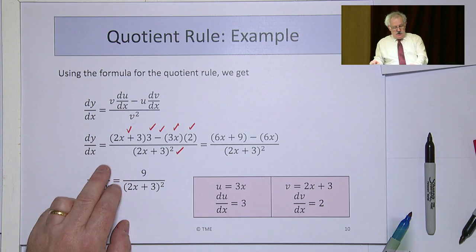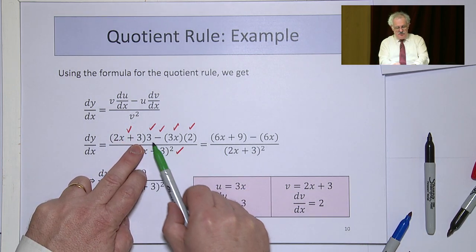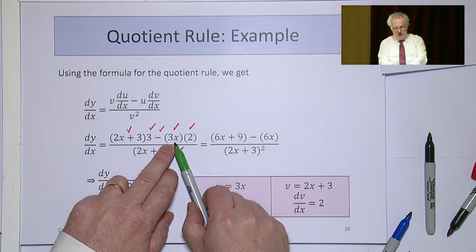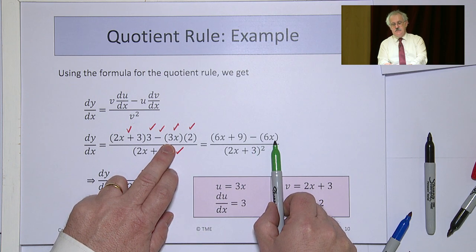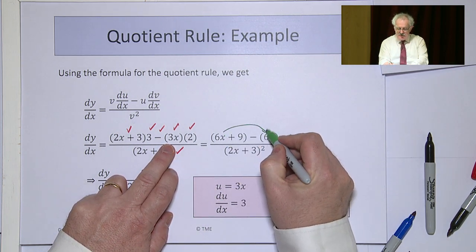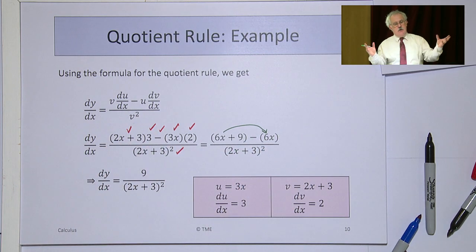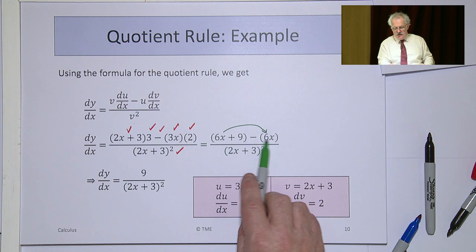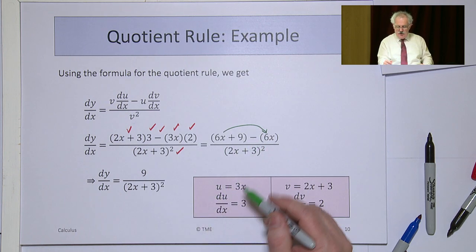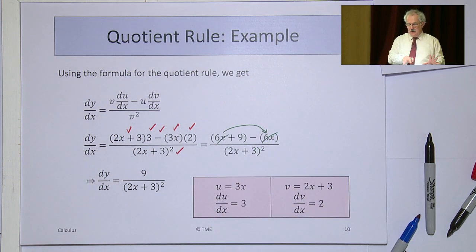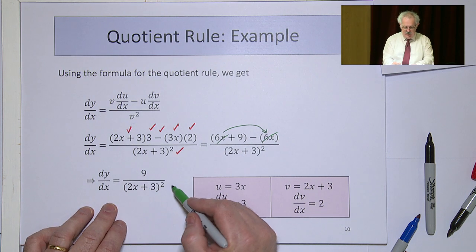Now it's multiplication. 2x by 3 is 6x, 3 by 3 is 9, and the minus 3x by 2 is minus 6x. The x's are the same in terms of their shape and size. They're not squared or cubed, so that 6x and minus 6x can be taken one from the other. They actually cancel because they're the same coefficient, and I get 9 over this.